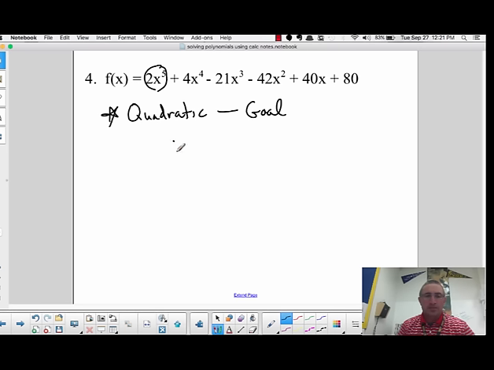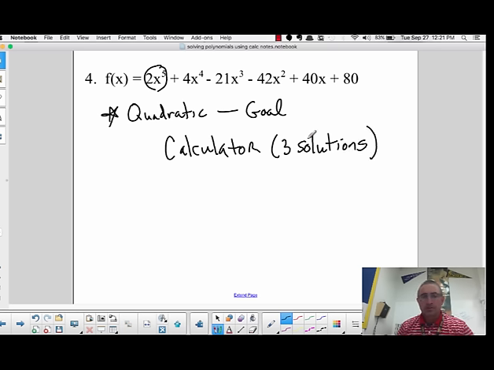So in this case, you might have to use your calculator and actually find 3 solutions. Okay? And you might have to do synthetic division multiple times.